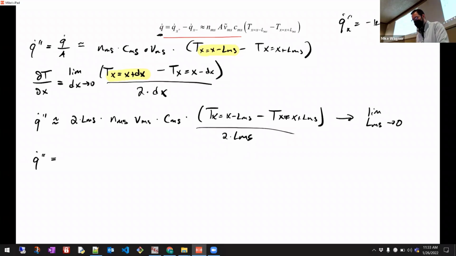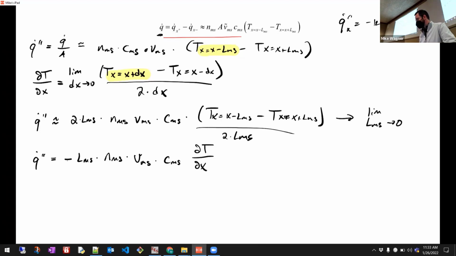So we have now minus l times n times v times c times the partial. Okay. This now looks a lot more like Fourier's law.